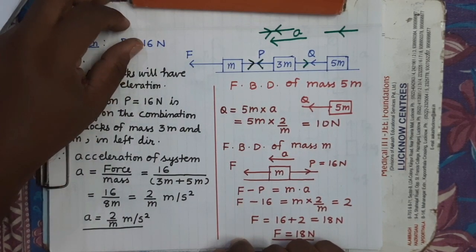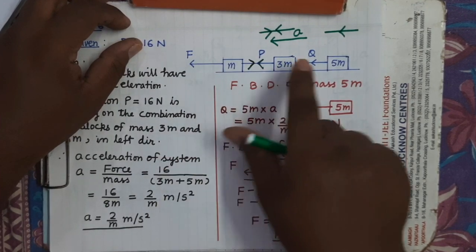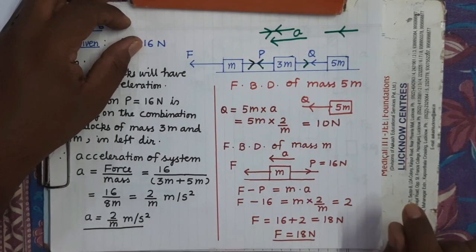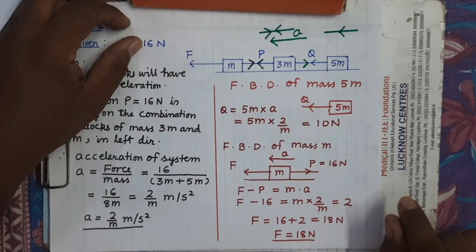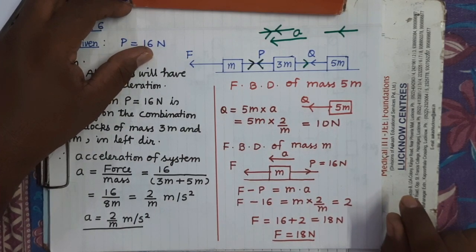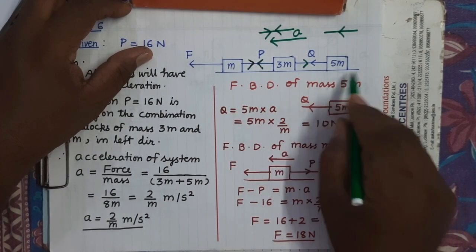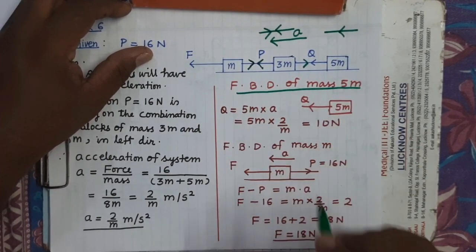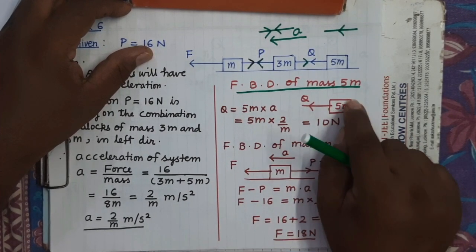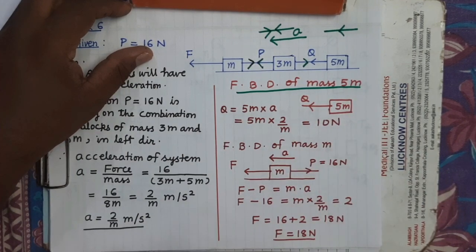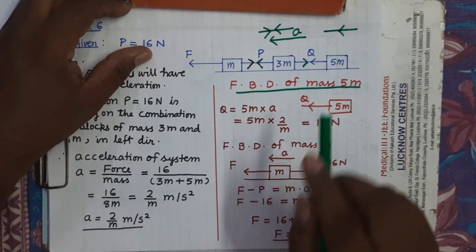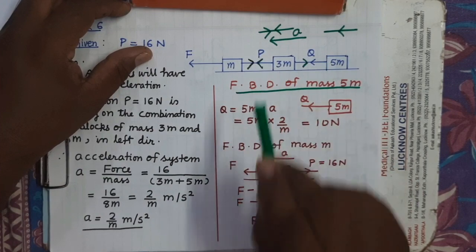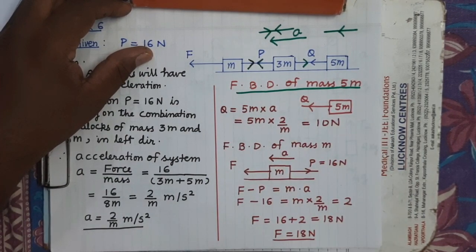Now in order to determine P and Q, we will write the free body diagram. Here I am making the free body diagram of 5m. So see here, what will be the free body diagram of 5m? This is the 5m block. Only one force is acting on the 5m block, that is Q, acting in the left direction. It's clear?